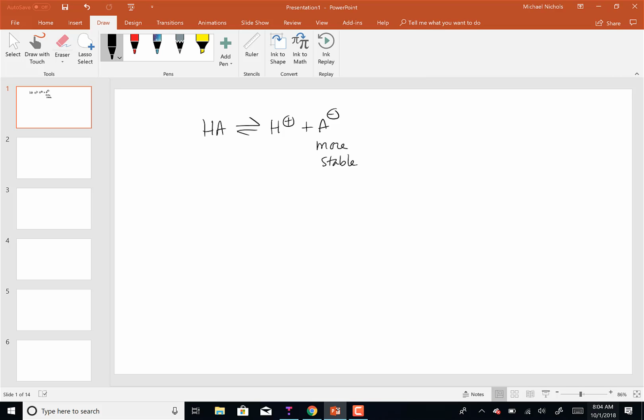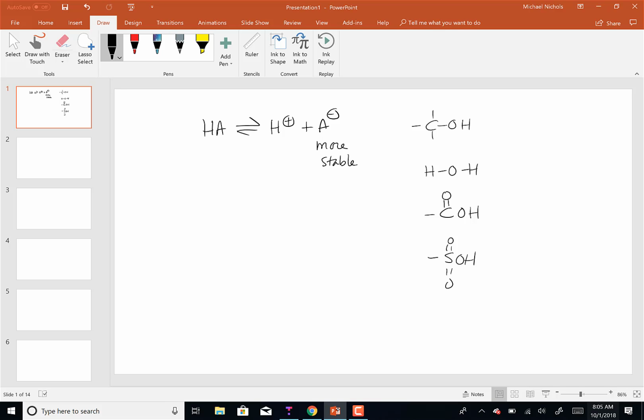So there are many ways that we can make the A minus more stable. And I think I skipped over the question about oxygen bases or oxygen acids. But for instance, if we have an alcohol, water, a carboxylic acid, and then we can also get a little more sophisticated by having what's called a sulfonic acid.